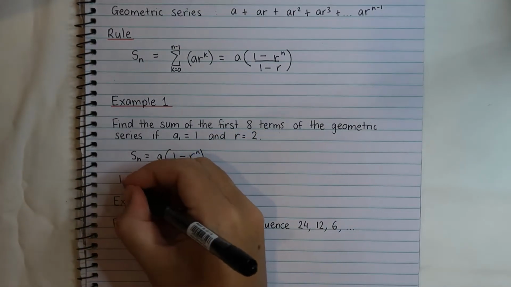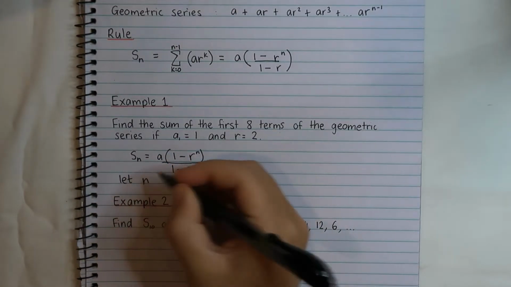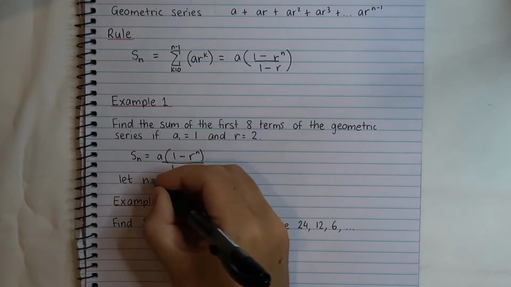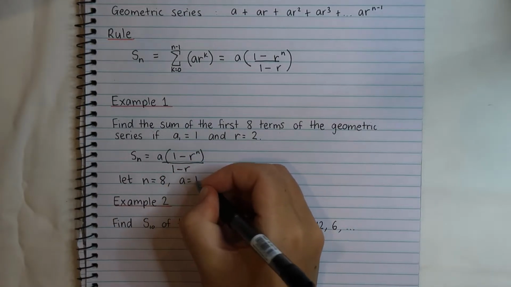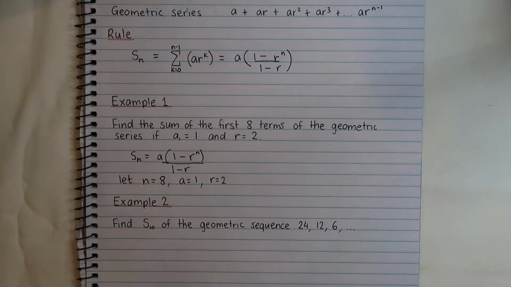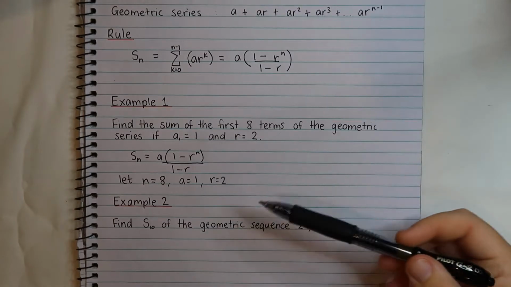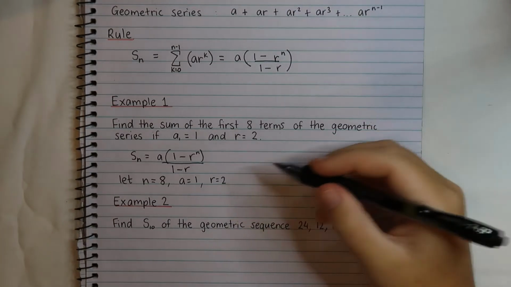So let's state, let n equal 8 from our question, A is equal to 1, and R is equal to 2. So normally you would work down your page, but I haven't given myself enough room, so I'm just going to write it up here. So let's sub in our values.